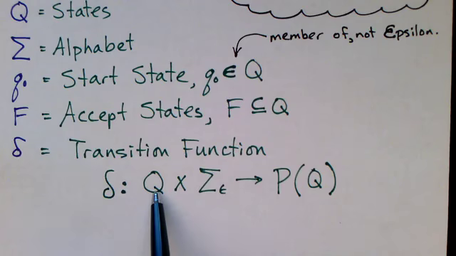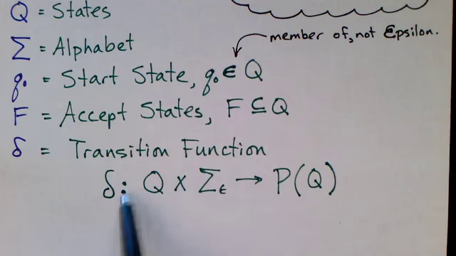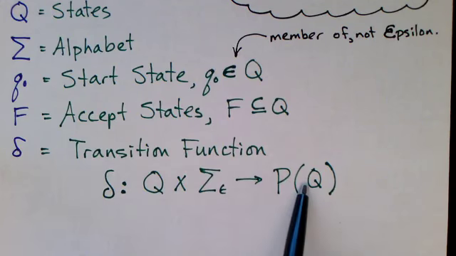Given a state that we're in and a symbol of the alphabet from sigma, the transition function tells us which set of states we're going to. So here's the power set. Okay, so we're getting a set of states here.